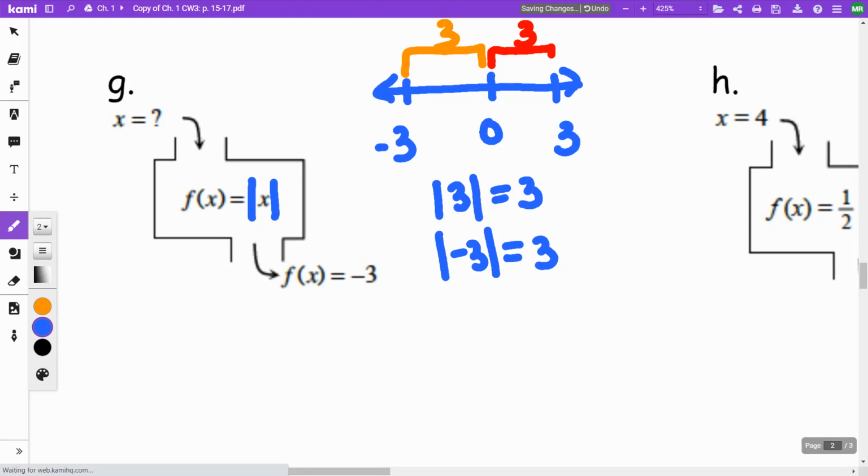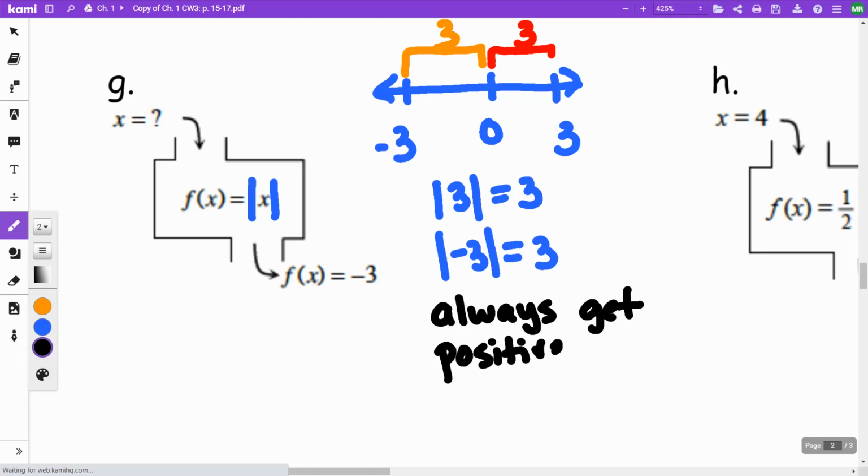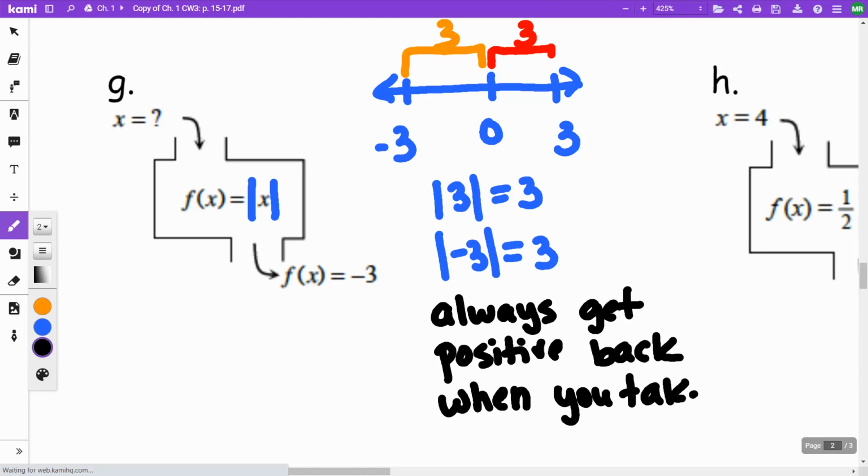I always get a positive back when you take the absolute value. I'm going to abbreviate absolute value.